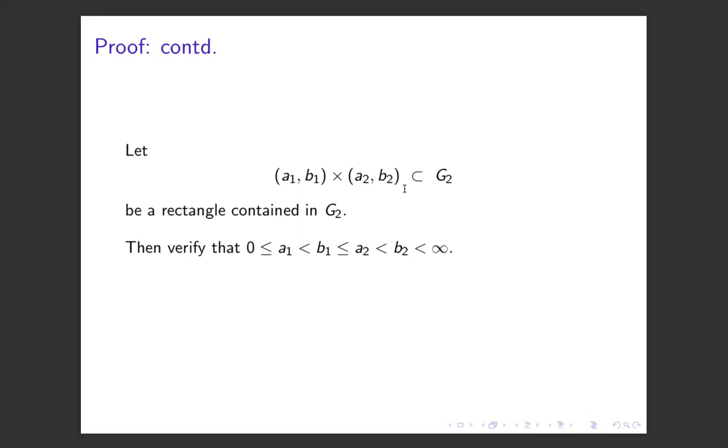But if you draw a rectangle like this, you cannot draw an open rectangle, right? Only a closed rectangle you can draw. Correct. So one of the boundary points, B1, A2, can possibly be on the diagonal line. That is why there is a possibility of B1 being equal to A2.